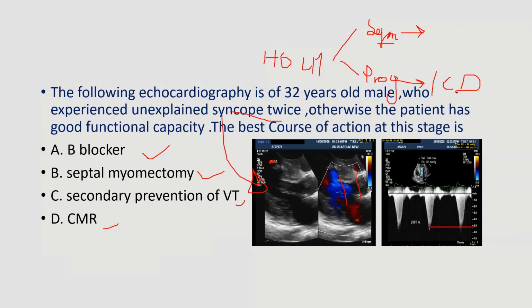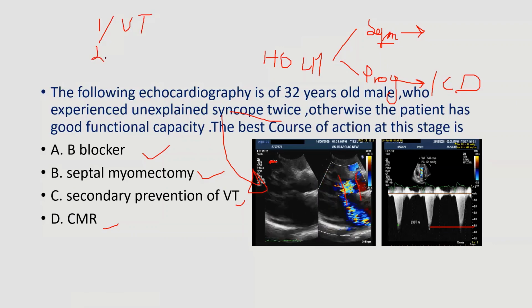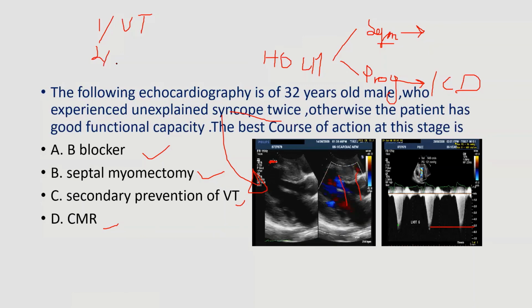So what are the prognostic markers for ICD? What we call high risk features for sudden cardiac death. What are they? One is a patient in whom you demonstrate VTAC on Holter. Two, unexplained syncope like this one, or sudden cardiac arrest.